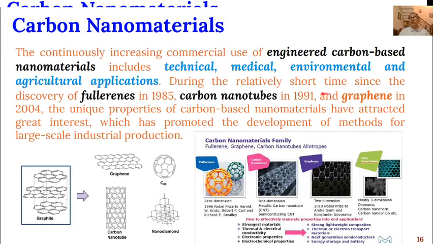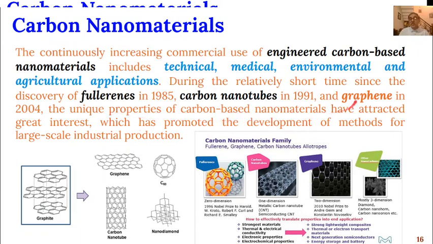During the relatively shorter time since the discovery of fullerenes, which are carbon nanomaterials, discovered in 1985, then in 1991 carbon nanotubes were discovered, and in 2004 graphene was discovered. So, what are fullerenes, what are carbon nanotubes, and what are graphenes? We will discuss later on.